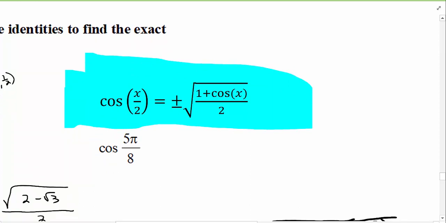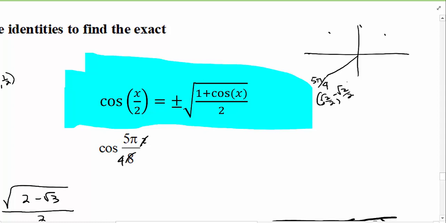We need to double this. When we multiply that by 2, that'll cancel to 4. So 5 pi fourths, well, here's 1 pi fourths, 2 pi fourths, 3 pi fourths, 4 pi fourths. So we are down here at 5 pi fourths, and both the sine and the cosine are negative.